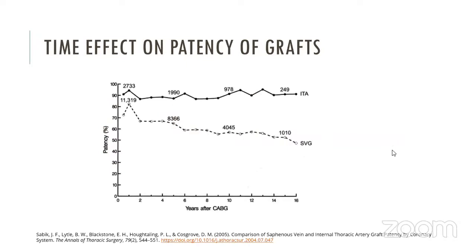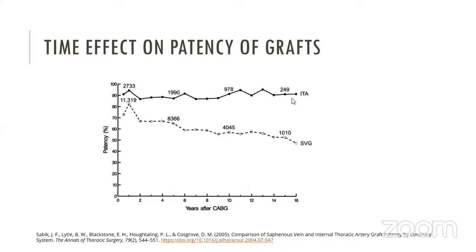So the first determinant that I want to discuss is time progress. This is the same graph that you'll be seeing in almost all studies that compare the saphenous versus the IMA. On the x-axis, this is the passage of time, the years after CABG. We can see after 16 years, not only are 90% of the IMA grafts patent, but they are also almost stable.